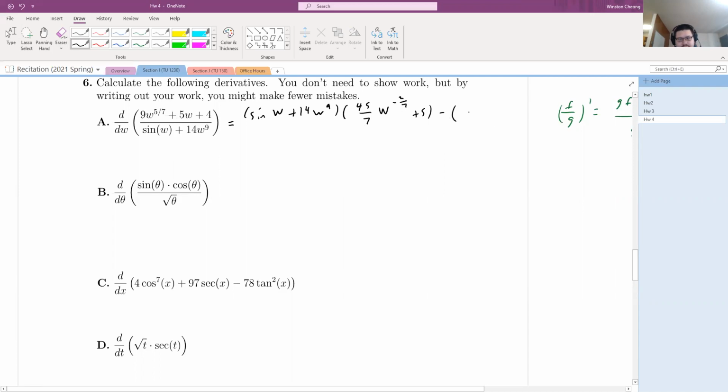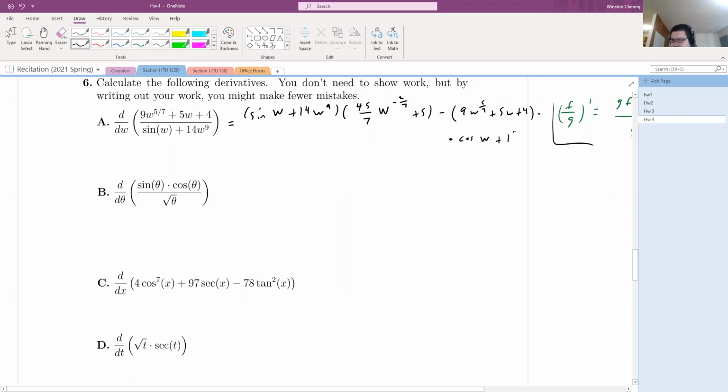And then the other half of quotient rule, which I'm going to run out of space for, 9w to the 5/7 plus 5w plus 4. Let's bring that multiplication over. So then now I need to take the derivative of the denominator. That's going to give me a cosine of w. And then I calculated that number before.